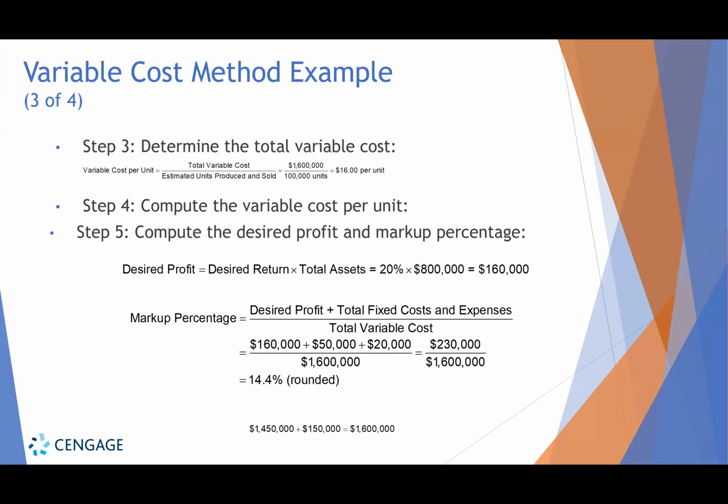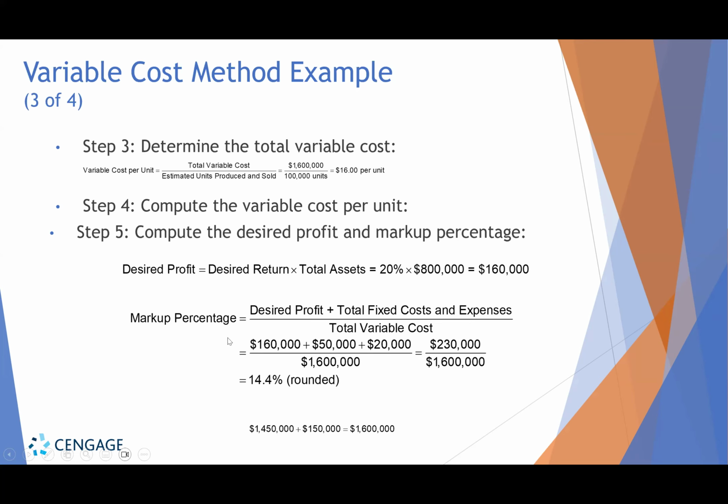So we're going to take our desired profit plus our total fixed costs and expenses. So our markup plus our total fixed is sitting at the 230. Our variable costs are at 1,600,000.